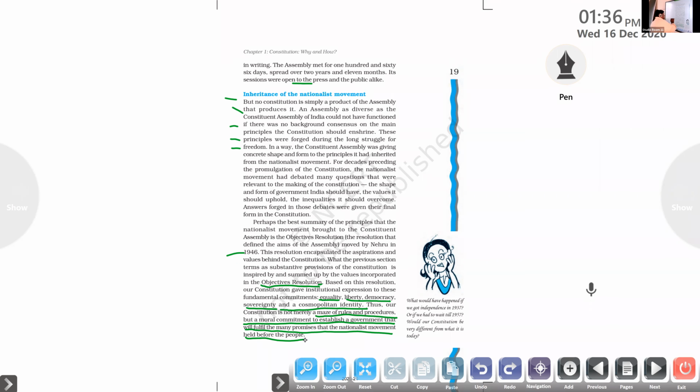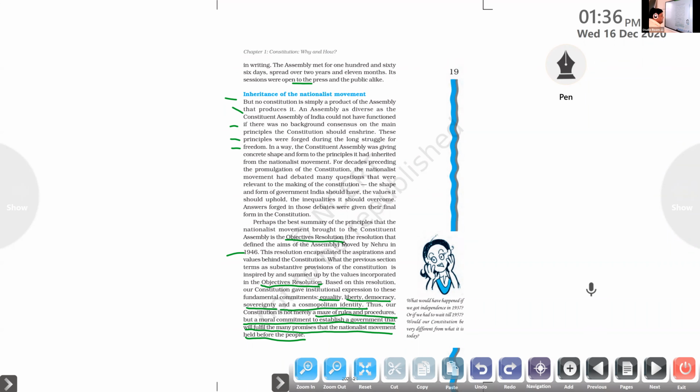So this Objectives Resolution moved by Jawaharlal Nehru included a number of policies and programs related to the aims of the assembly. At the time of the national movement, the national leaders and parties guaranteed a number of rights and offers to the people.